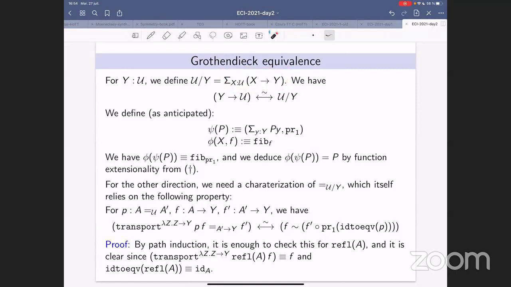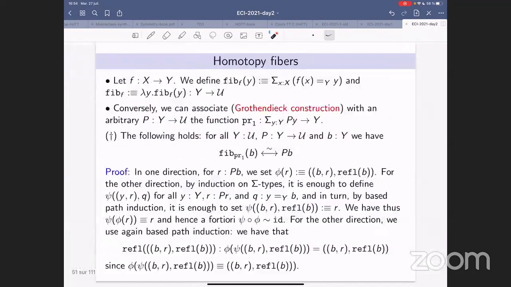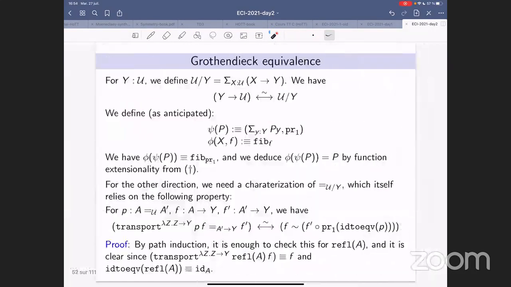And we map it to the family fib f. Remember that fib f here was defined for each y. So it's a type family. Conversely, given a type family, we build the total space and take the projection, and this is a pair which belongs to this type.